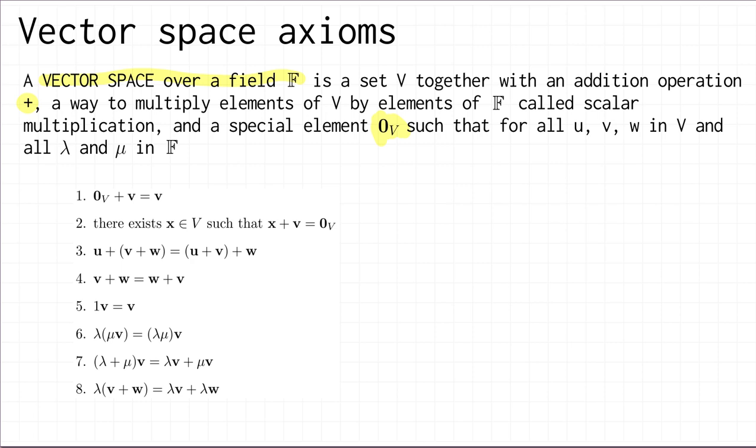Now, I don't really want to talk about all of these 8 axioms in depth. What I would like to do is just highlight that the set R to the n, so all height n column vectors for some particular number n, with the usual vector addition and scalar multiplication, satisfies all of these properties.